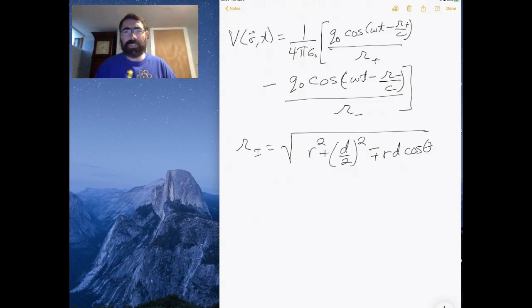Okay, which essentially looks like the law of cosines, because it is.